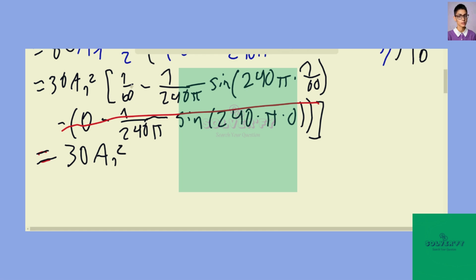Now we have 1 over 60, and then 1 over 240 pi. Now sine of 240 pi times 1 over 60. 240 over 60, that's 4.